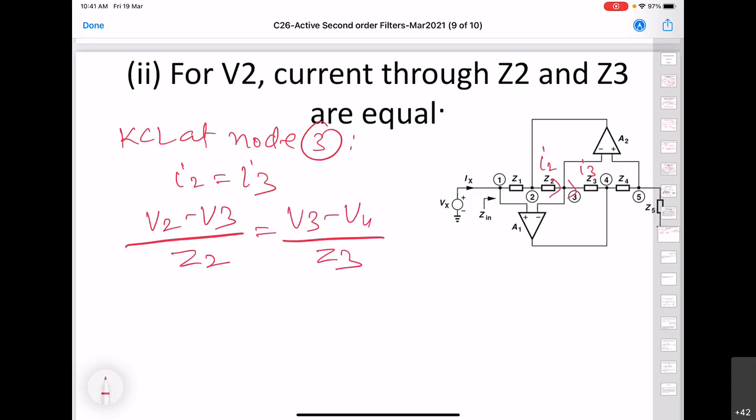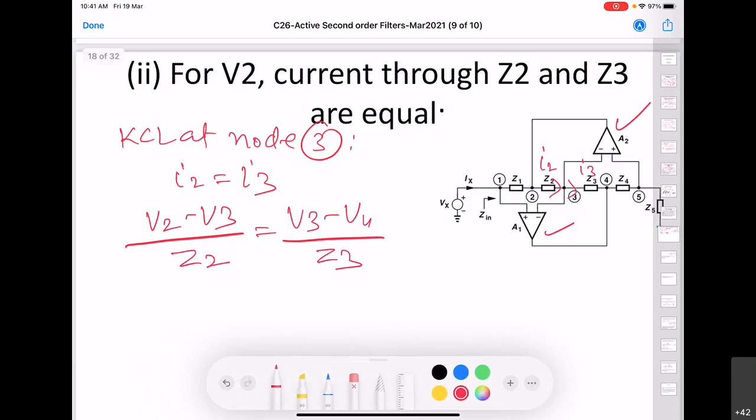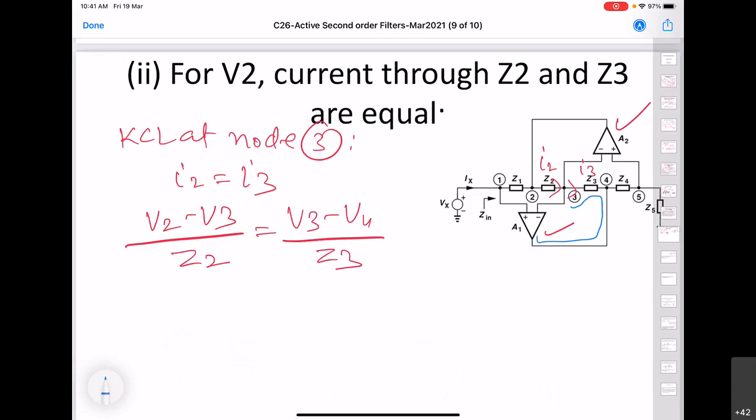Now, since these op amps have negative feedback, you can see that the output of this op amp is ultimately connected to its negative terminal. Similarly, the output of the other op amp is also connected to its negative terminal.